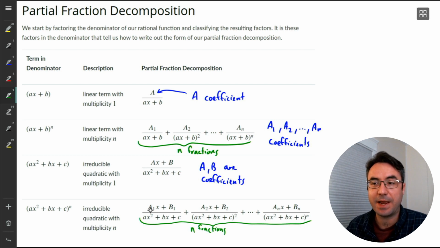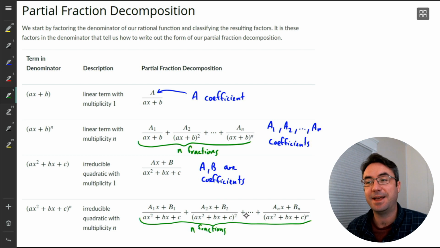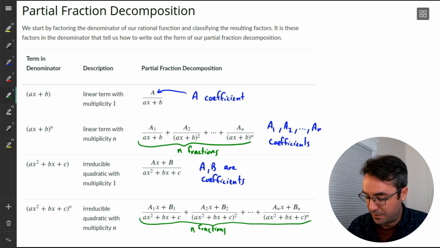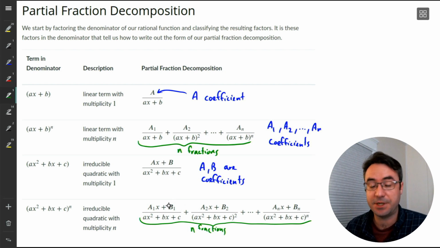And then we have all these new coefficients, a1, b1, and then in our second fraction we have a2, b2. Those could be different. And then if we had a third fraction, we'd have a3, b3. So we're going to end up with a whole bunch of coefficients here.